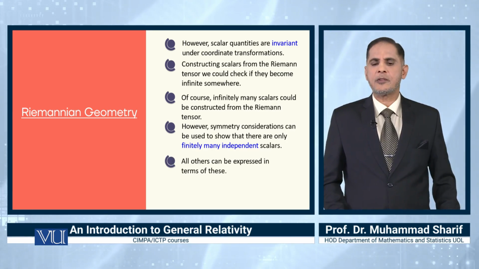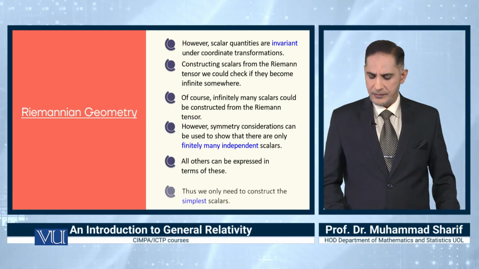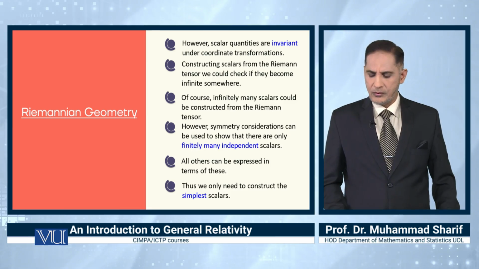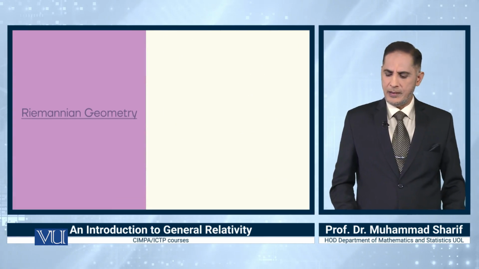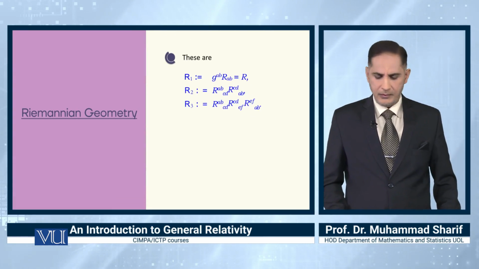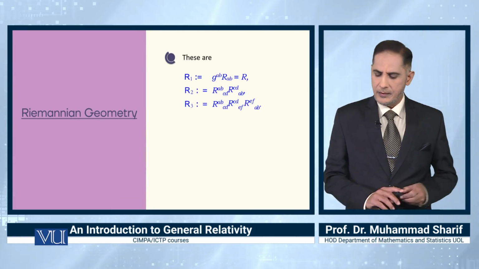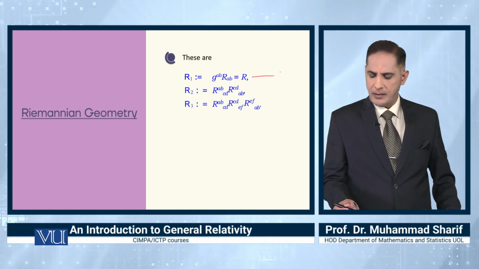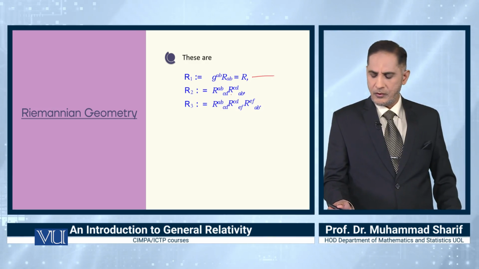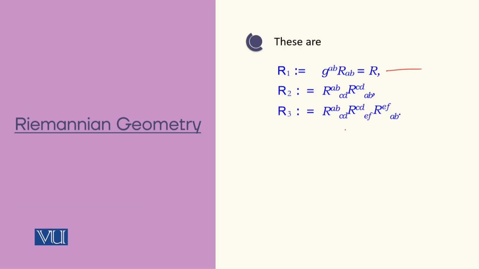All others can be expressed in terms of these. So thus we need only to construct the simplest scalars, and the first one is the Ricci scalar as given here. This is the Ricci scalar, and the next one you can construct through the contracted Riemann tensor, and similarly we can construct R3. These are all scalar quantities.